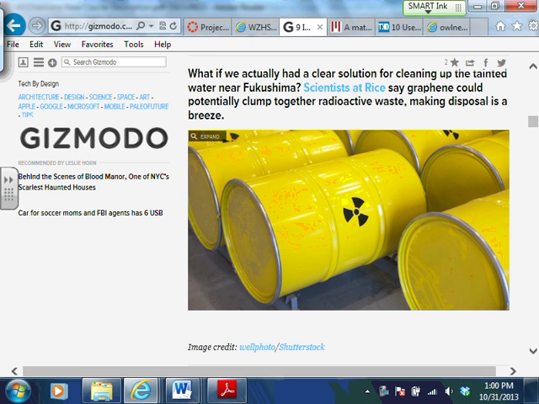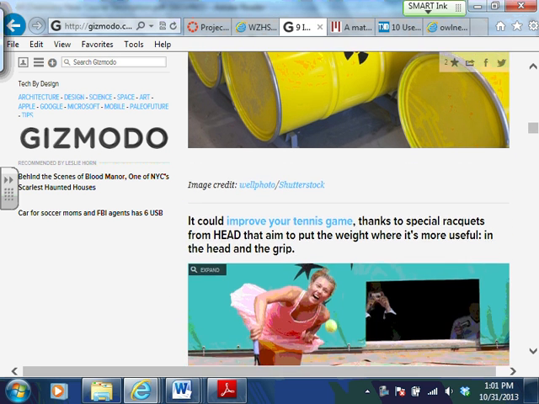This one's interesting. I didn't find this one anywhere else, but I think it's probably true. I don't know much about Gizmodo, so hopefully I'm telling you correct information right now. But it could potentially clump together radioactive waste, and I'm not exactly sure how that would occur. But that was kind of the random one that was thrown in there.